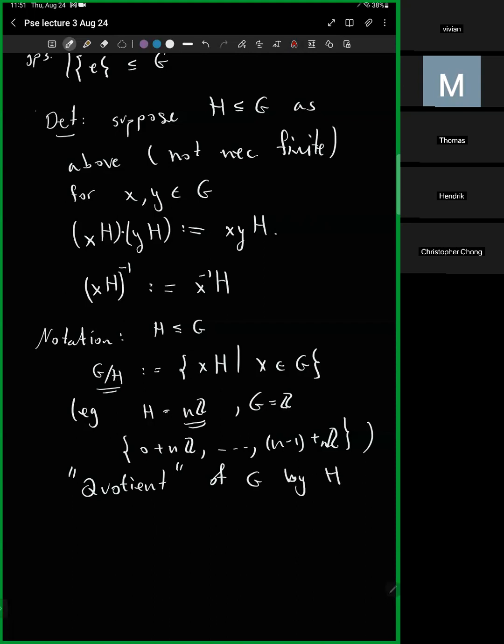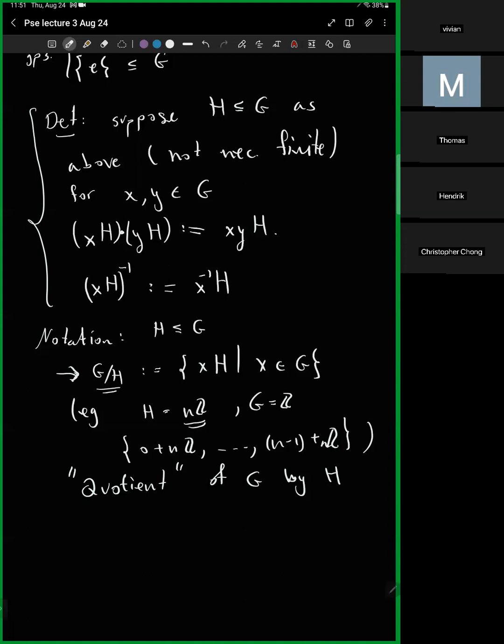This definition is telling you something. In fact, this definition is defining a binary operation on the set G mod H. And of course, we want this binary operation to give a group.